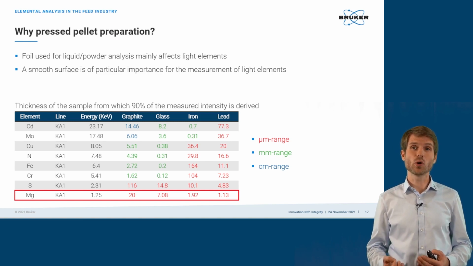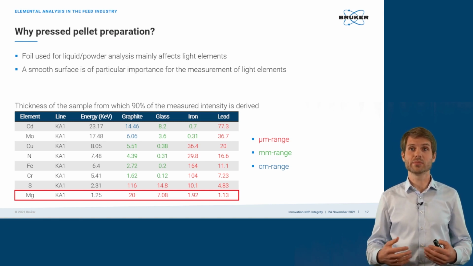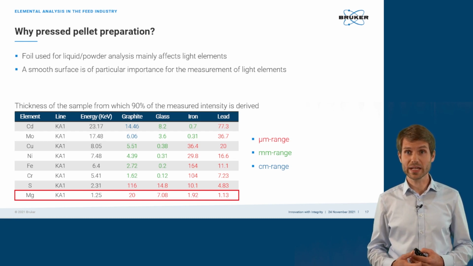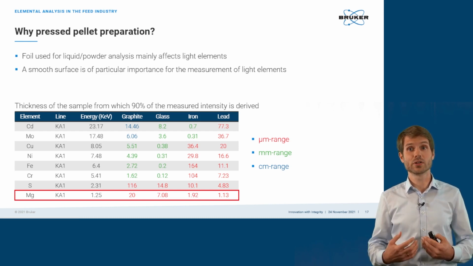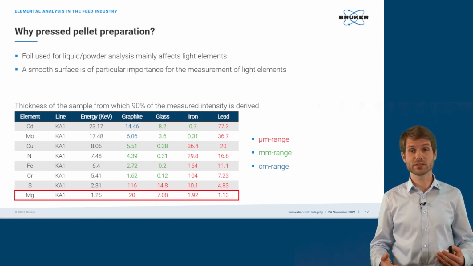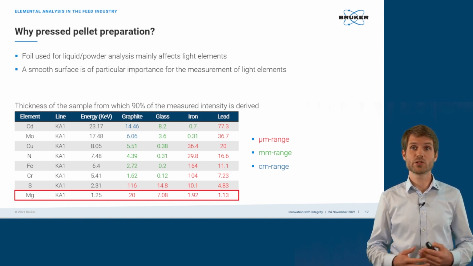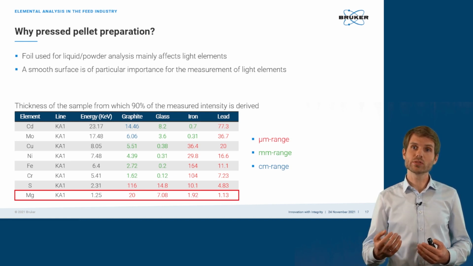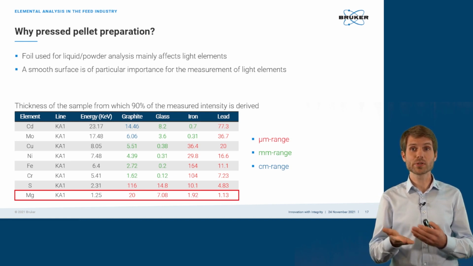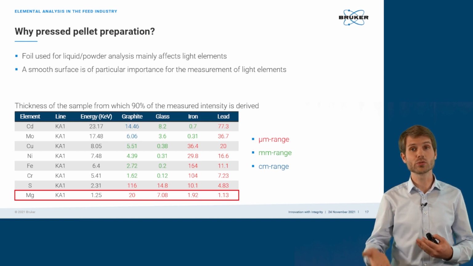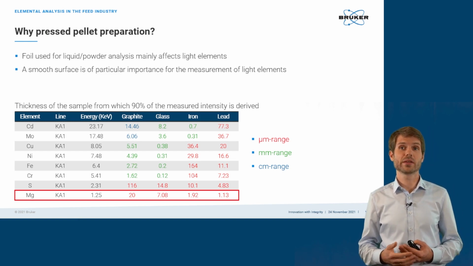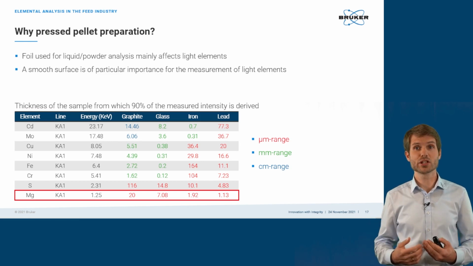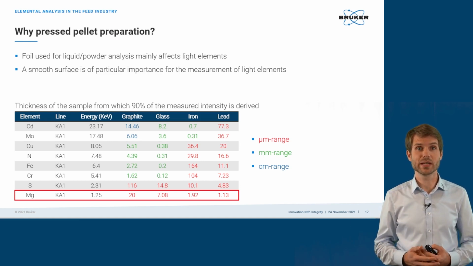These get absorbed easily, that's why we typically measure in vacuum to get the best signal from our sample. So vacuum is the most optimal measurement condition for light elements. But when you measure in a powder cup, you have a little bit of a foil. This also reduces the counts that can be generated and detected by the detector.